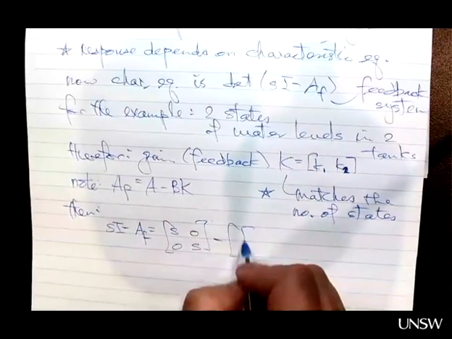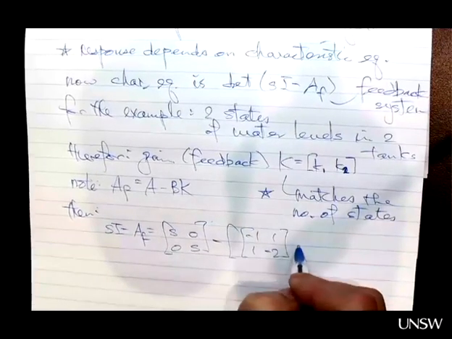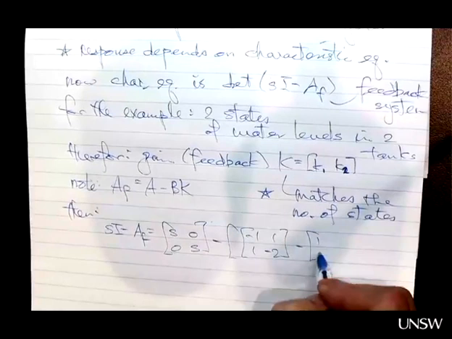In our example, it is this one, minus the B matrix, and then K1, K2.